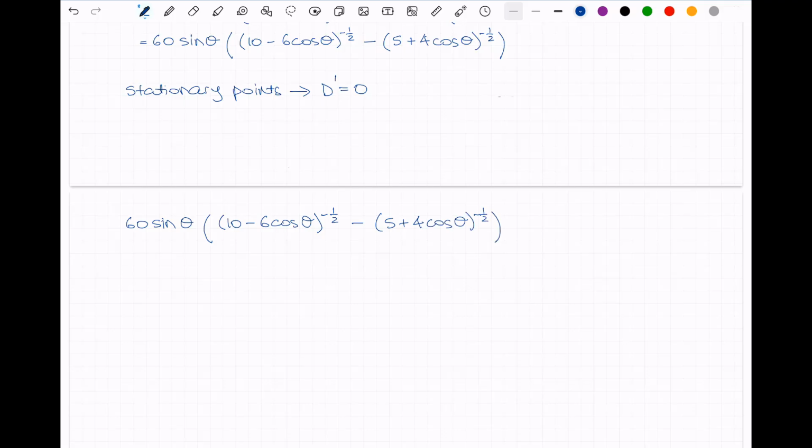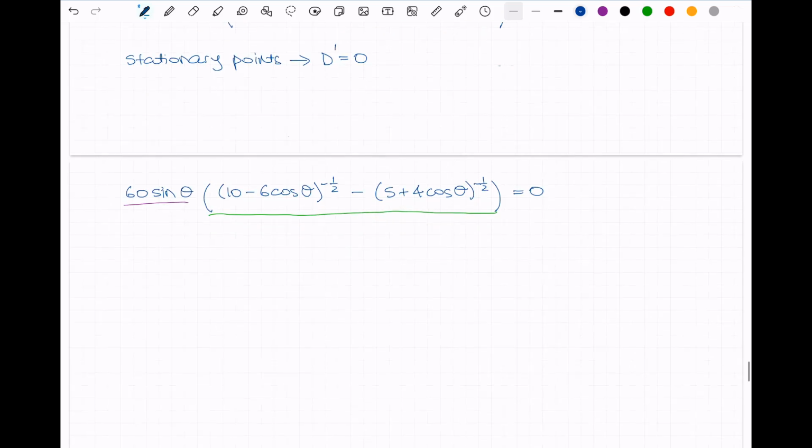All of that needs to be equal to 0. So basically we can use the null factor law here to say for this whole thing to be 0, either this part will be 0 or this part will be 0, because 0 times anything is 0.